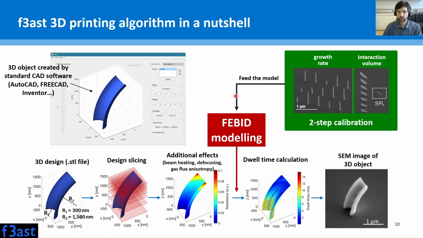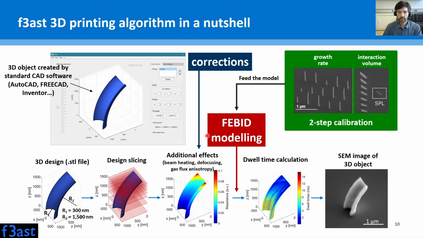So in order to perform the modeling, we will need from the experiments some type of calibration. And this is one of the important points of f3ast as well, that we have developed a simple two-step calibration. In the first one, we calculate growth rates, and in the second, we calculate interaction volumes that are fed into the model, and this allows us to calculate the correct dwell times for 3D printing.